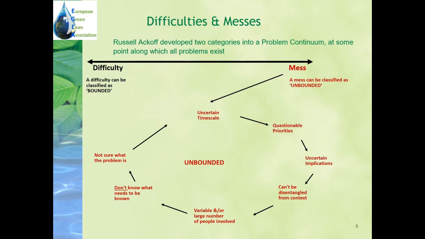We don't know the implications. We don't really know what is related to context. There are different variables, a lot of people involved, a lot of processes involved. We really don't know where we should be, what we should do, and really don't know what the problem is, actually.